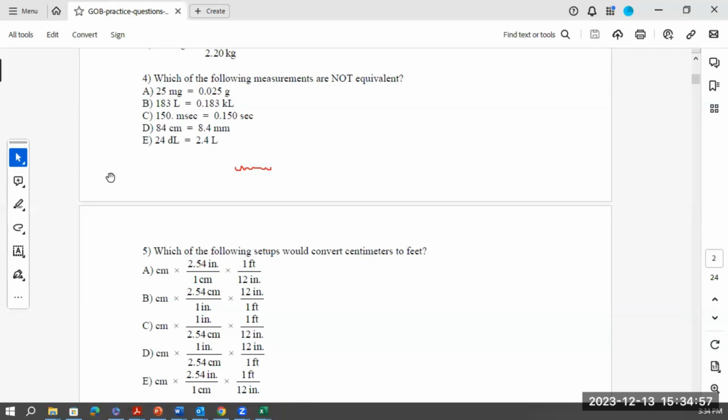Okay. What about C? We have 150 millisecond is equal to 0.150 seconds. Milli to second. How do you guys feel about that one?